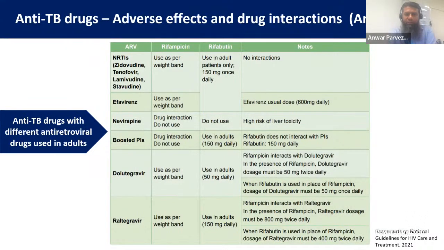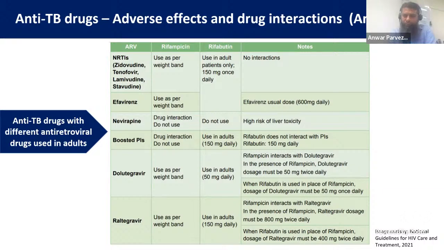Dolutegravir with rifampicin: if we are using dolutegravir, then we give an additional dose of dolutegravir to compensate for the reduced level of DTG in those patients. And if we are giving raltegravir along with rifampicin, we give that in the dose of 800 milligram twice a day.